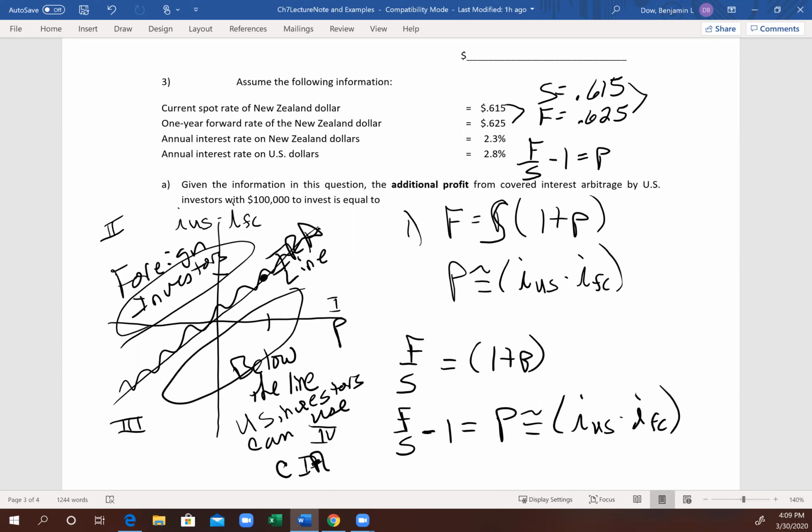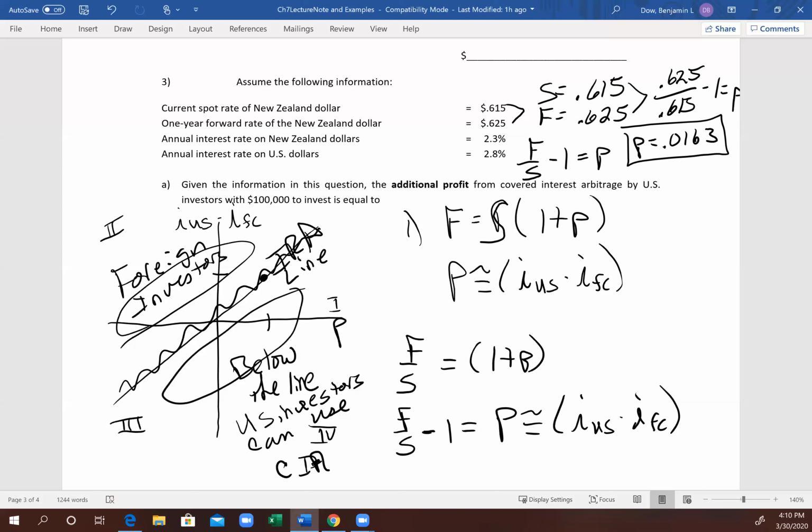So if you took, for instance, 0.625 divided by 0.615 minus 1, then you would end up with what? You'd end up with about 1.0163, or about 1.63%. Okay. So that says that the forward rate is really selling at a premium of about 1.63%.